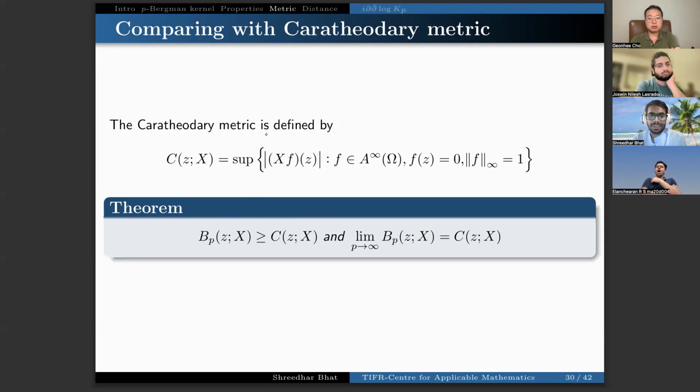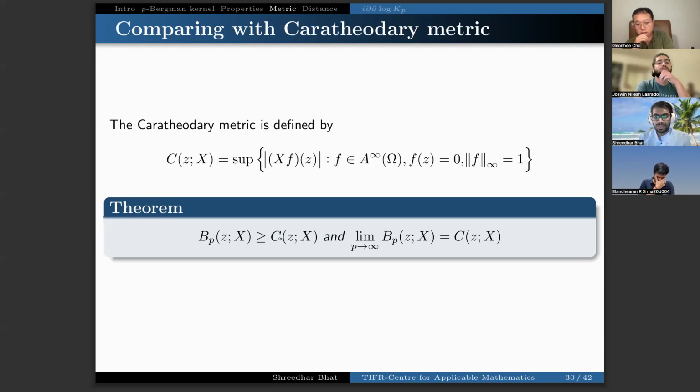And the other one is comparing with the Carathéodory metric. So the Carathéodory metric, to recall, is this. Consider f in bounded holomorphic functions from Omega, look at f of Z equal to 0 and its infinity norm 1, and maximize over Xf at Z. It turns out you can compare these two.